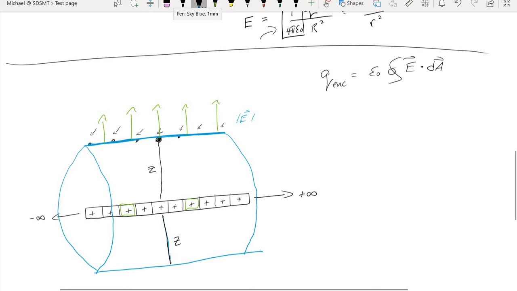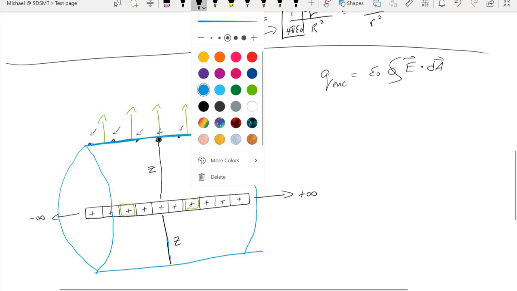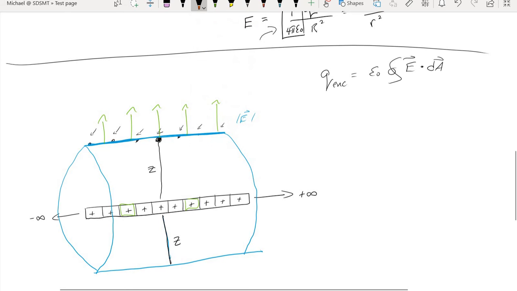in a direction that is, what other color could I use? I'll use orange. All those electric field lines, call those E, E, E. All those electric field lines are pointing in a direction that is parallel to the infinitesimal surface area that they pass through.